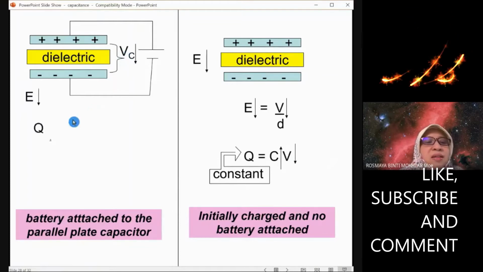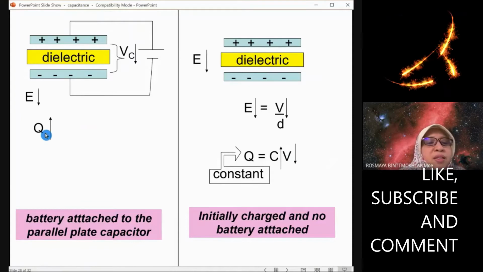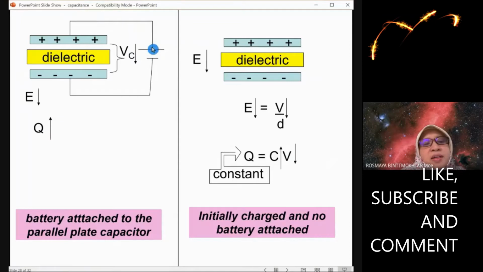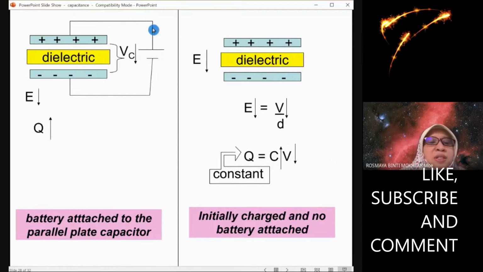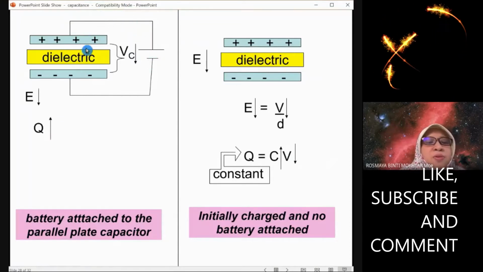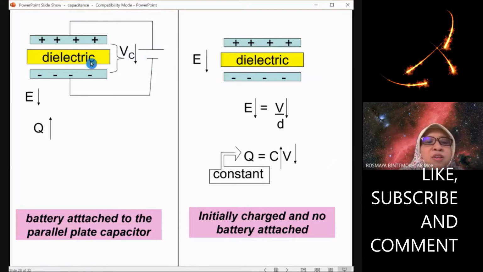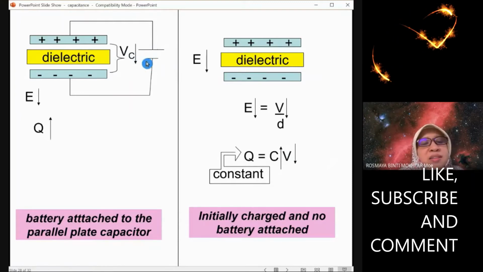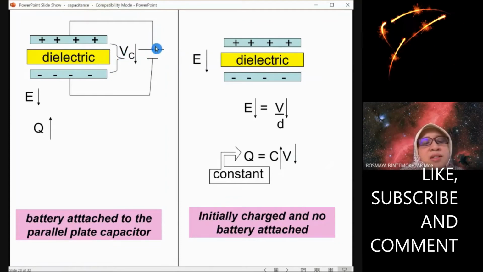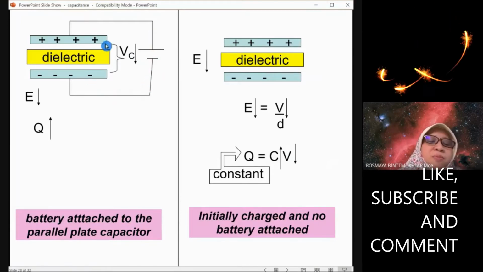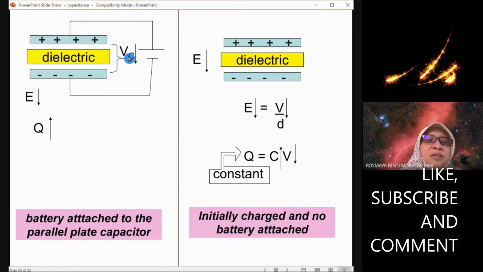So what happened? Q increases because the battery supplies more charge. The charge will continue to flow because the V across C decreases, so now the voltage is unbalanced. If the voltage is unbalanced, more electrons flow, because of the unbalanced potential difference.